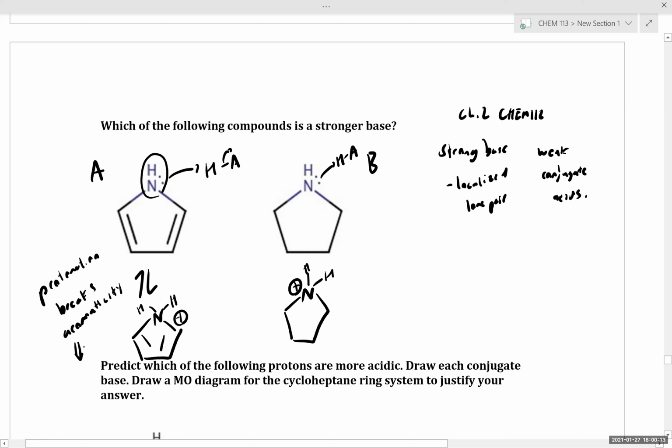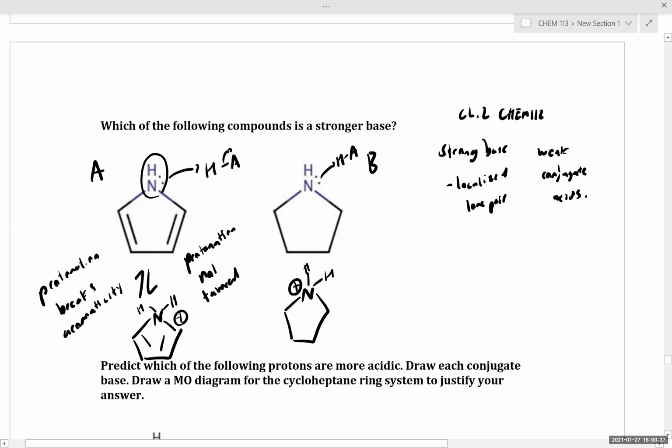And as a result, would you expect pyrrole to be a very effective base? Is this protonation very favorable if it breaks aromaticity? It would not be, right? So protonation is not favored.